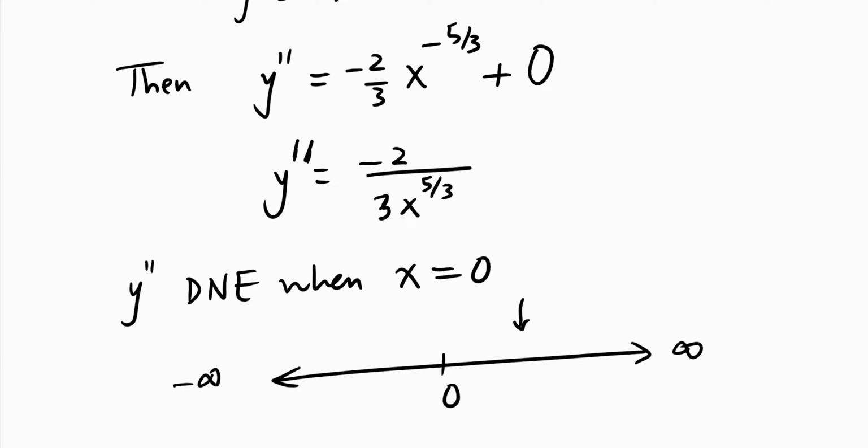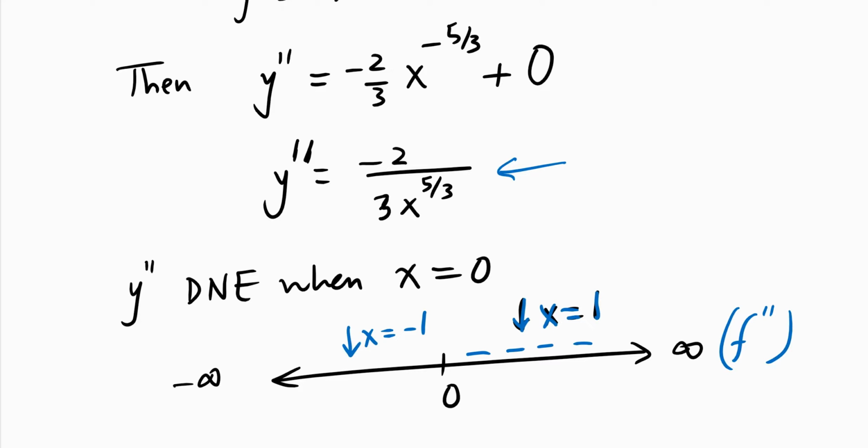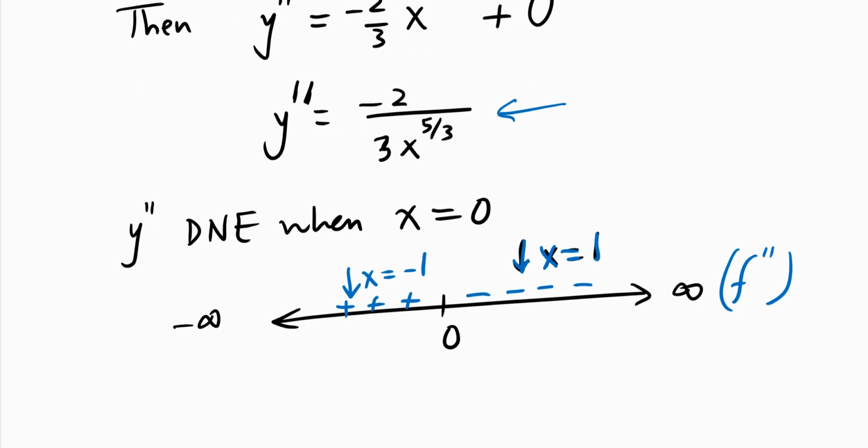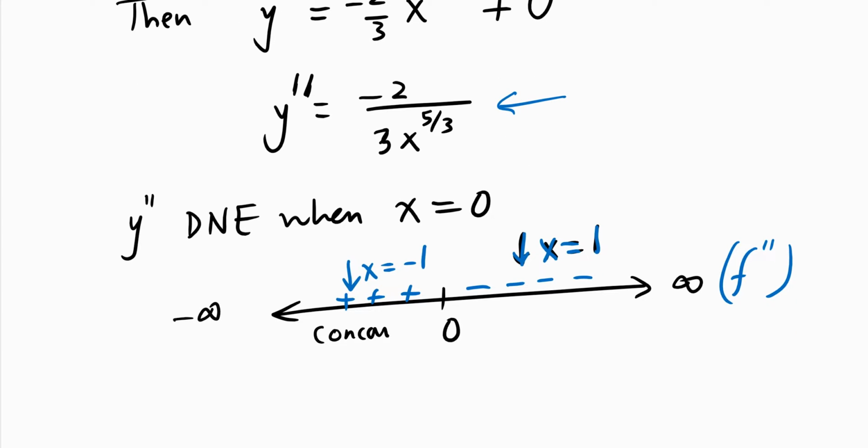So if you pick a testing point, x equals 1. Remember, what is this? I'm testing the second derivative. So when I pick a testing point, x equals 1, I substitute that into the second derivative. I substitute in here. That will give us a negative. If I pick x equals negative 1, that will give me negative on the top, negative on the bottom. That's a positive. So this tells us the graph concaves up from negative infinity to 0 and concaves down from 0 to infinity.